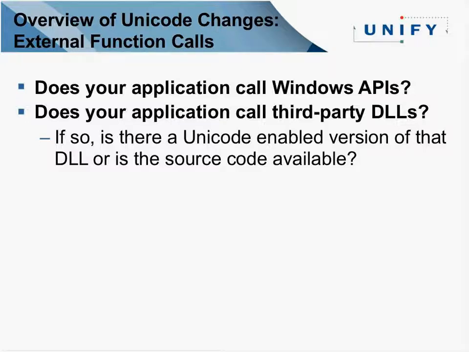The other question you need to ask yourself is, does your application call third-party DLLs? And if so, is there a Unicode-enabled version of that DLL available that you can use, or do you have the source code available? If so, again, it's not a mandatory step.